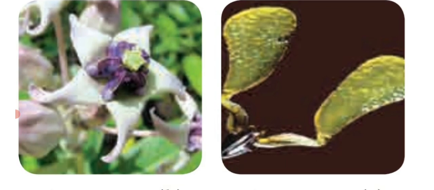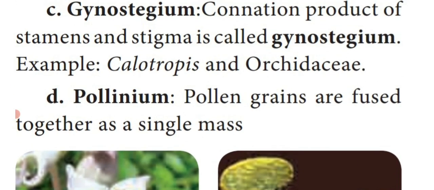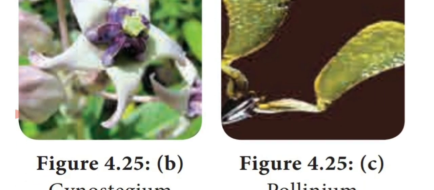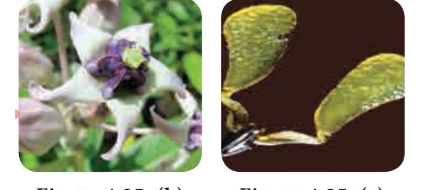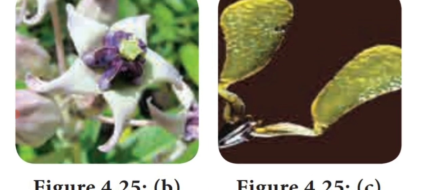See the first diagram, it is the gynostegium. Example, Calotropis, erkambu. What is gynostegium? The stigma and the stamen of a flower are connate together or fused together. See the second diagram, it is the pollinium.